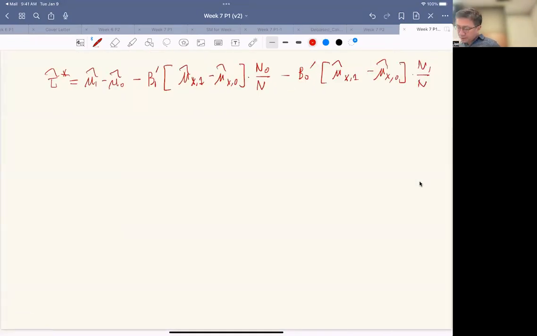So now let's consider what is the x bar. Maybe this is too much algebra.